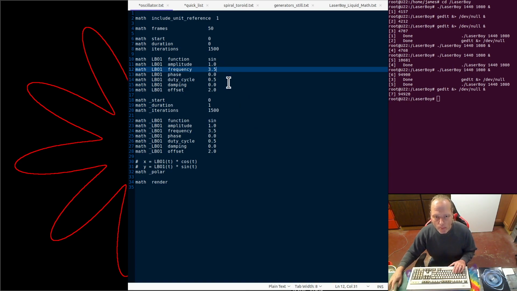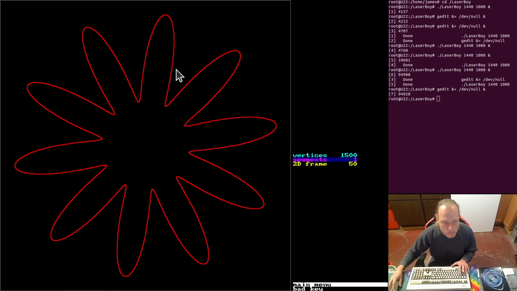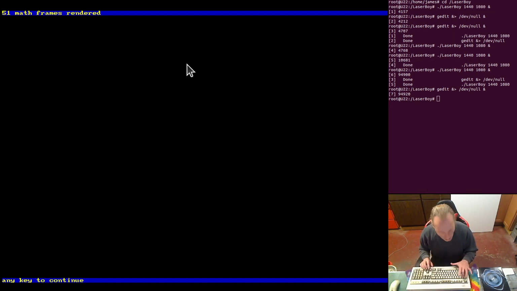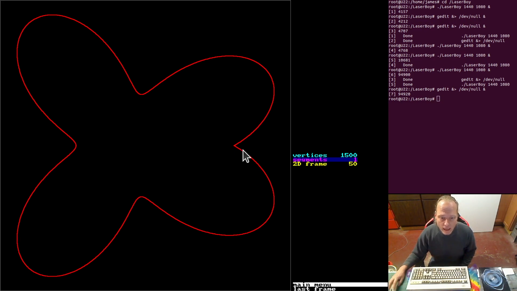If we look at this the way it is, it goes like that, and you see how it just abruptly starts here and stops there. It's because we have that half of a frequency, the fractional part of frequency.